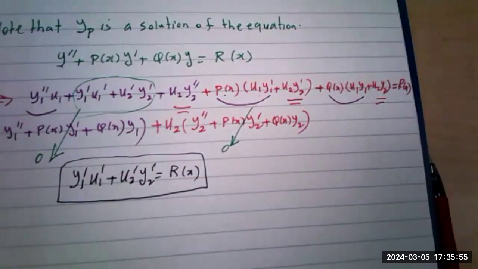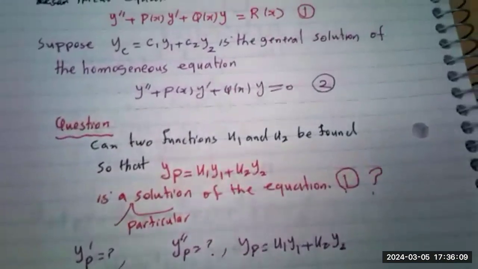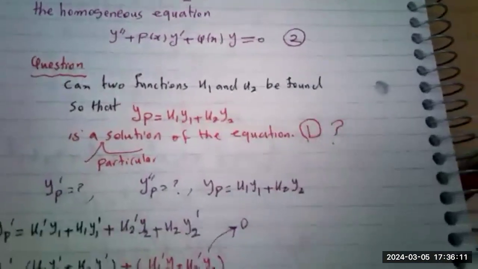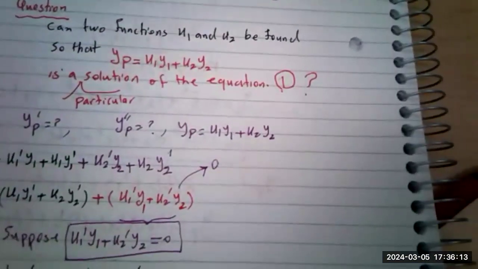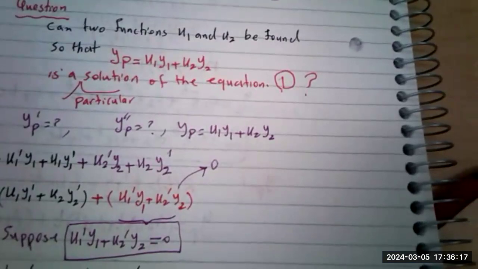But remember, we already imposed one condition ourselves. You have two unknowns to find, u1 and u2. This is one condition. And the other one, remember, is the one that we assumed to be equal to 0. So put them together, that gives a system of equations, and you'll be able to solve it and get the final answer.